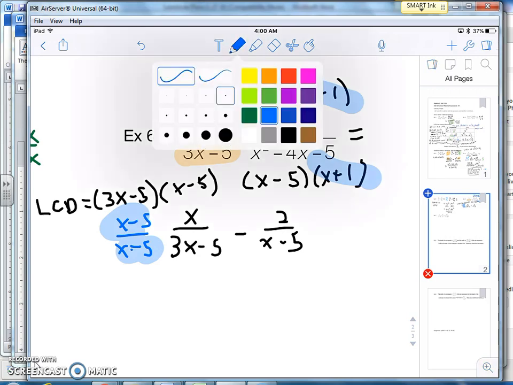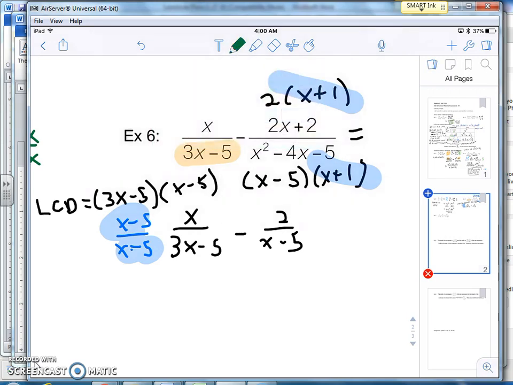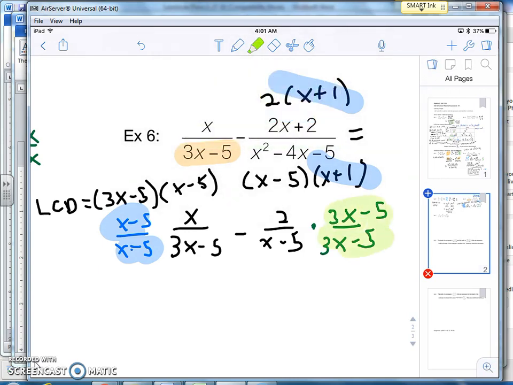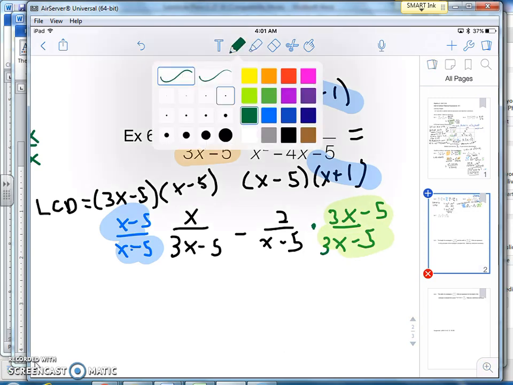And I'm going to multiply the second term. It's missing the 3x minus 5 in its denominator. So top and bottom by 3x minus 5. And the value of this thing here in green is 1, so I'm multiplying that second term by 1 also.